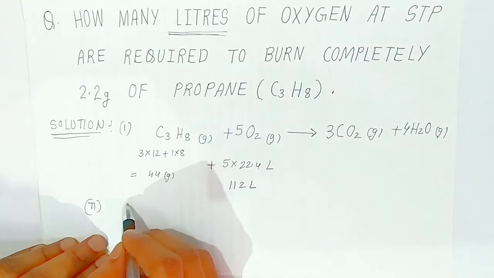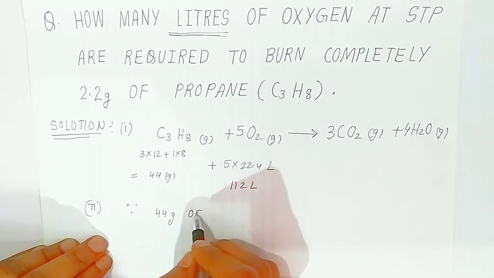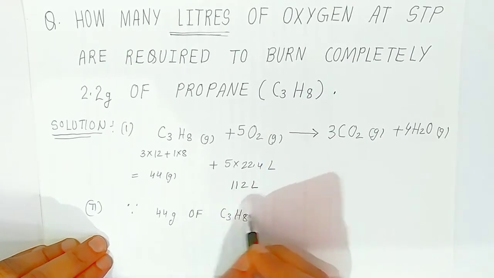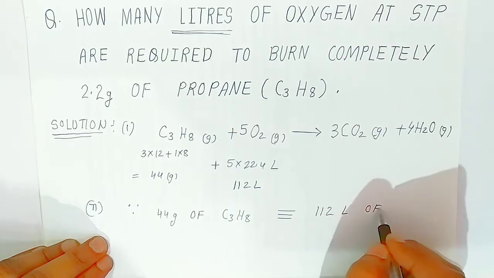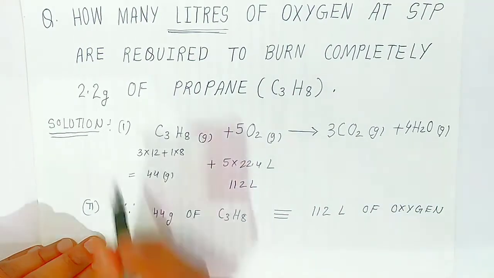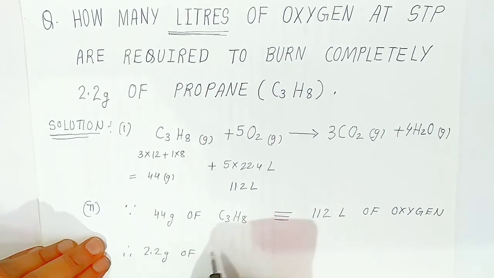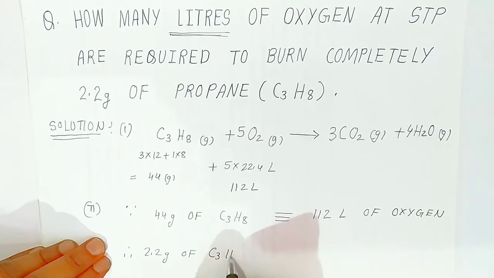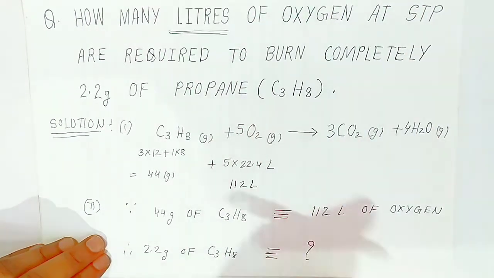So we know that 44 gram of propane, C3H8, corresponds to 112 liter of oxygen. Now in the question it is given 2.2 gram of propane, C3H8. How much oxygen will it require? Here again we have to do the cross multiplication, students.